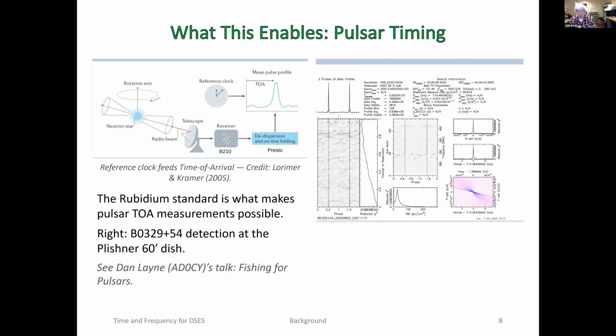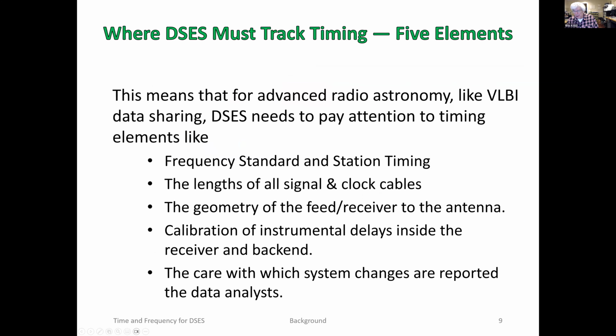The more accurately we can measure all the characteristics of these pulses that we get from the neutron star, the more we can tell you about the characteristics of that star and whether, in fact, if it's a star that has been detected before, we can compare our results with those of the professionals. And the more accurate our timing and frequency is, the better job we can do at that.